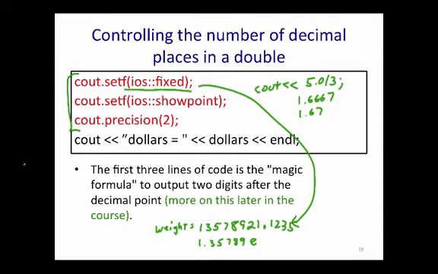So this is the default output for C++. It's called scientific notation if you've never seen it before.